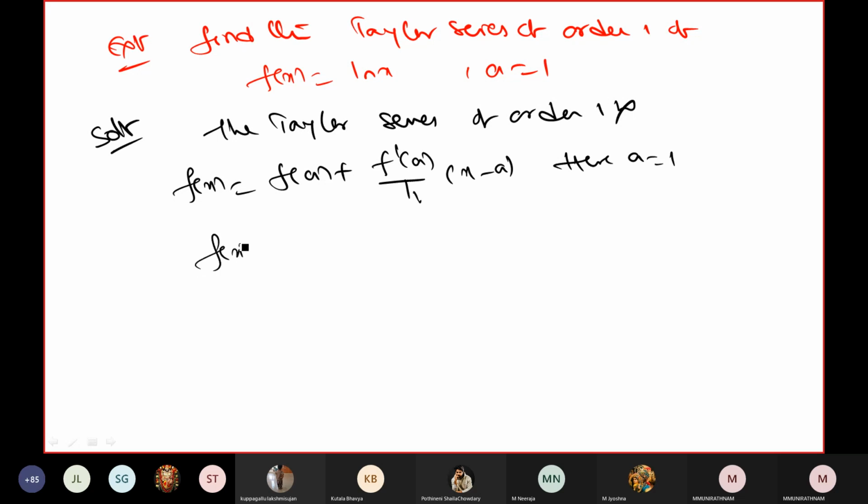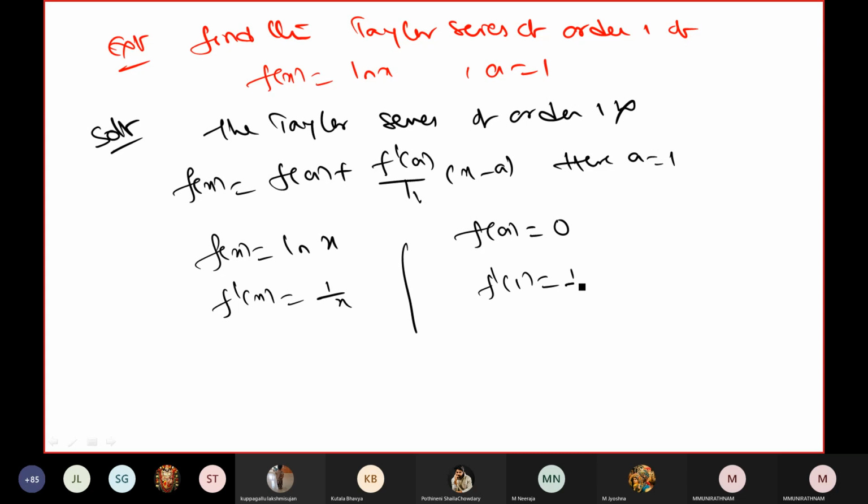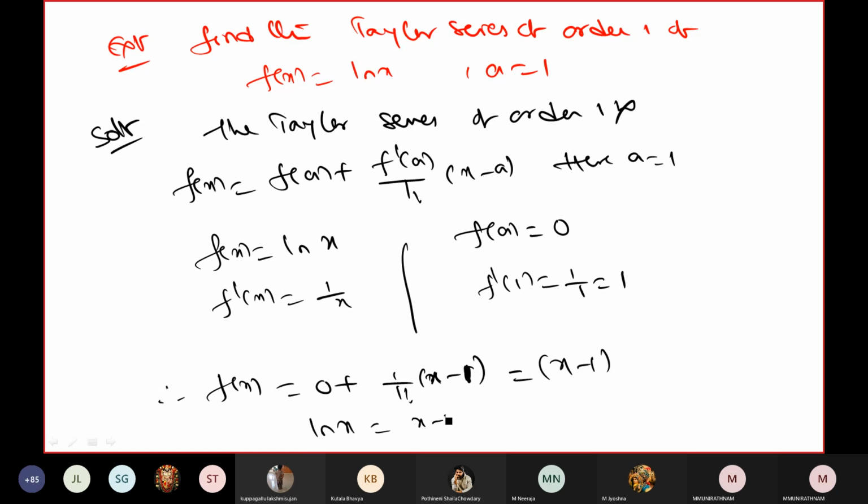So f of x is ln x, f of a is ln 1, which is 0. f dash of x is 1 by x, f dash of 1 is 1 by 1. So therefore f of x is 0 plus 1 by 1 factorial into x minus 1, which is nothing but x minus 1. So ln x is approximately x minus 1 for order 1.